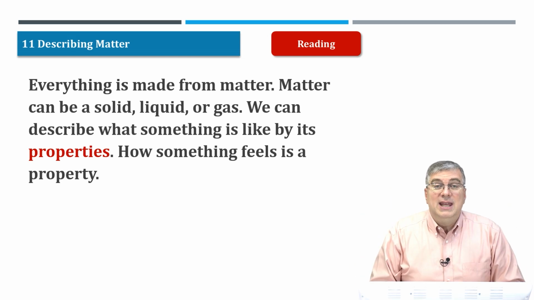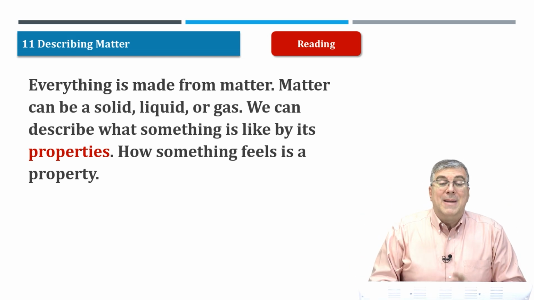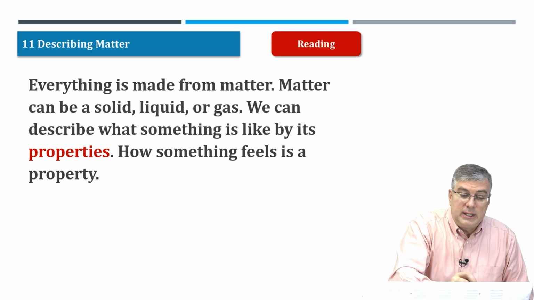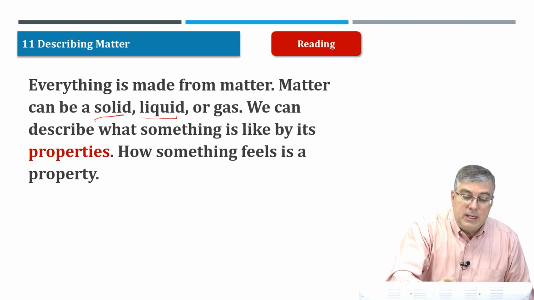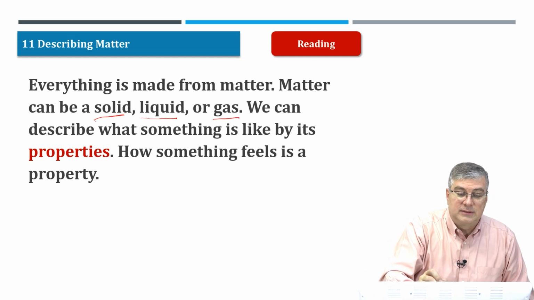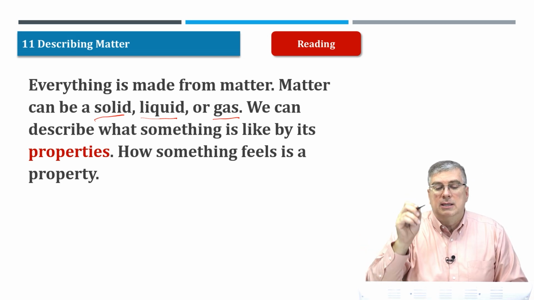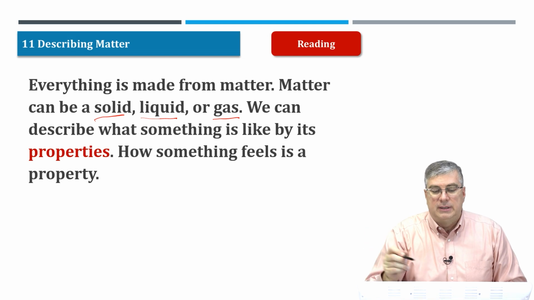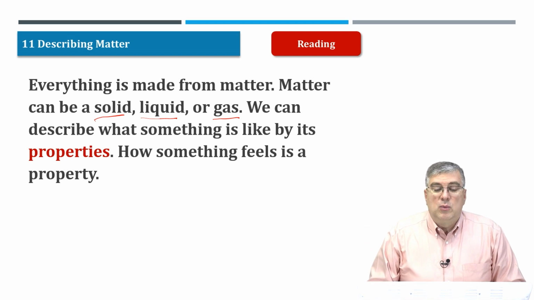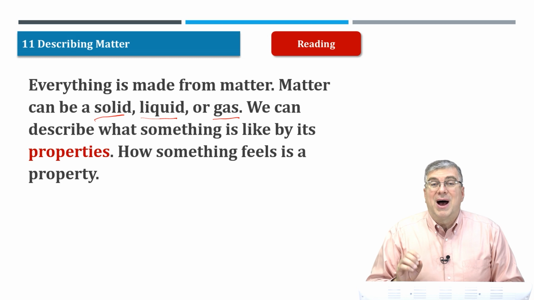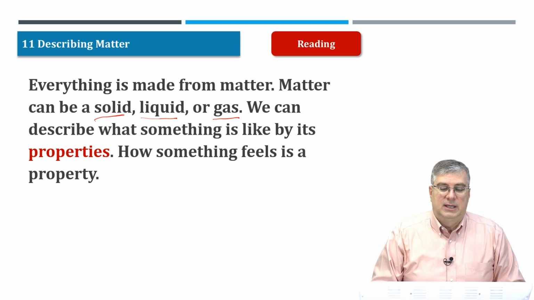Everything is made from matter. Matter can be a solid, a liquid, or a gas. You don't have to repeat that. We can describe what something is like by its properties.